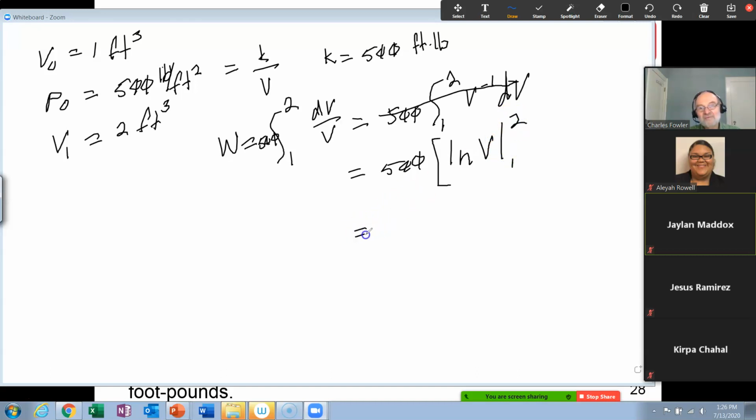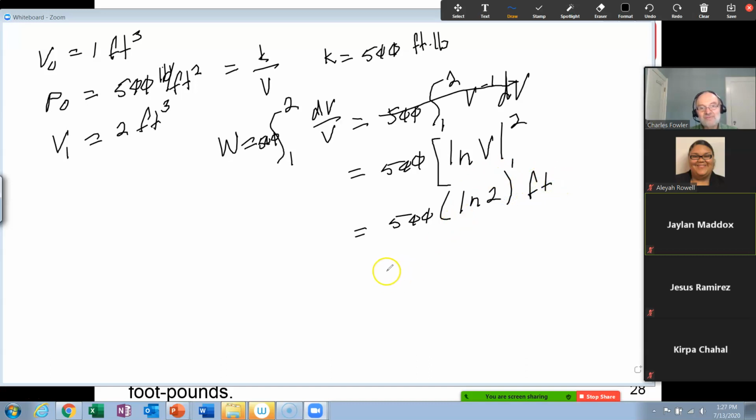Okay. So this will be 500 times log 2 minus log 1. What is log 1? Anyone know? 0. So there's your answer, and this is in foot-pounds.